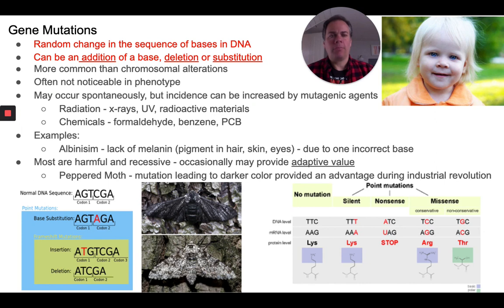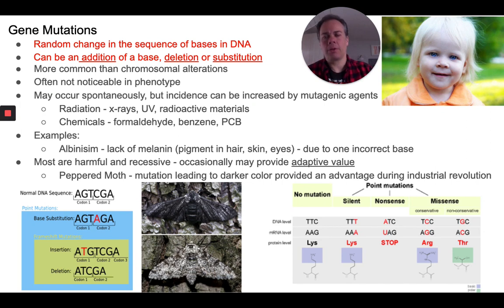And so they can have an effect on the phenotype, or they might not have an effect. It depends on where in the DNA strand these mutations take place. There are certain things that can cause mutations to take place, things like radiation, X-rays, UV rays, certain chemicals and toxins can increase the rate of mutations in cells.